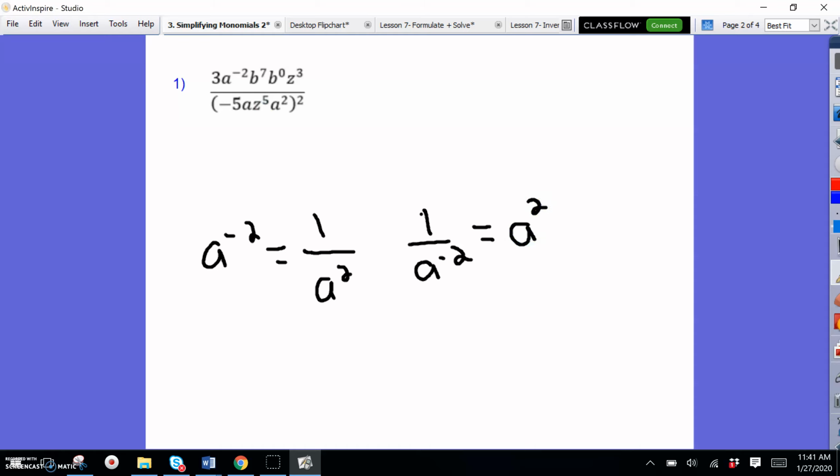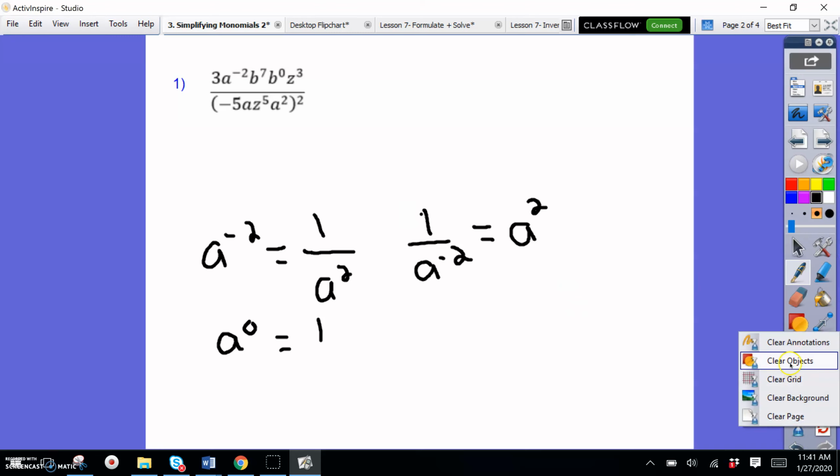So in order to get rid of the negative exponent, you just make it into the reciprocal, because they mean the same thing. Now, a to the 0 power really means 1, because the numerator and the denominator cancel out to 1.